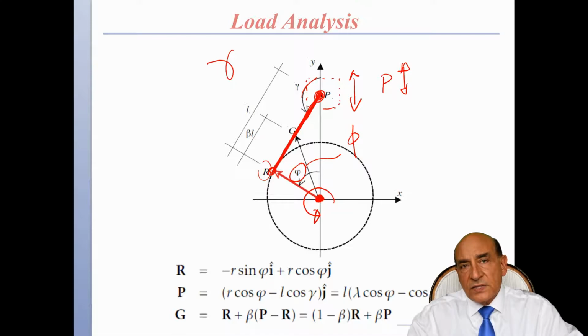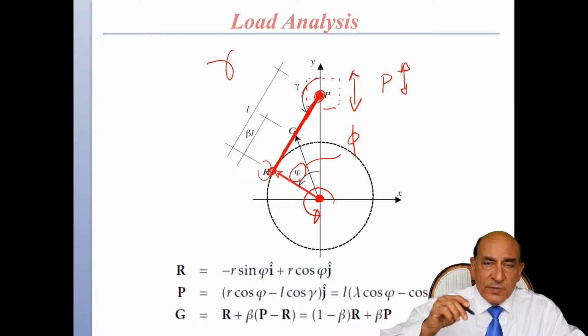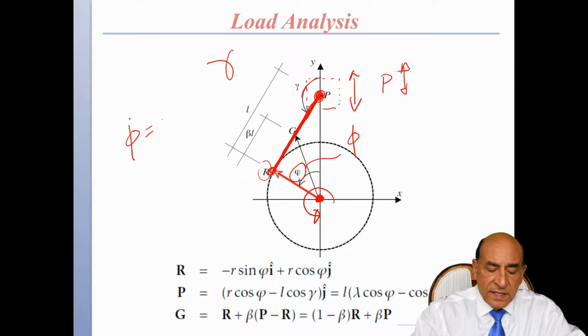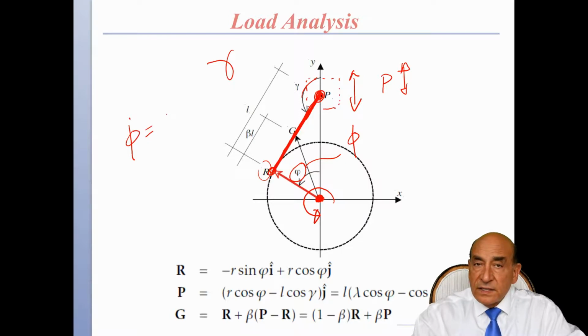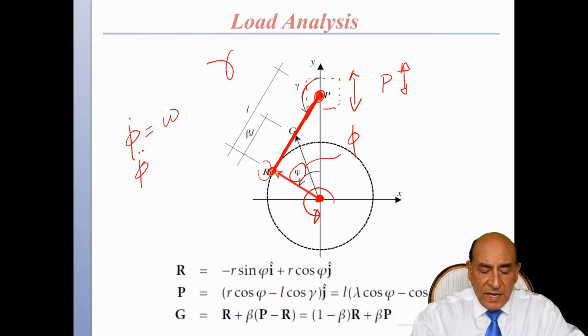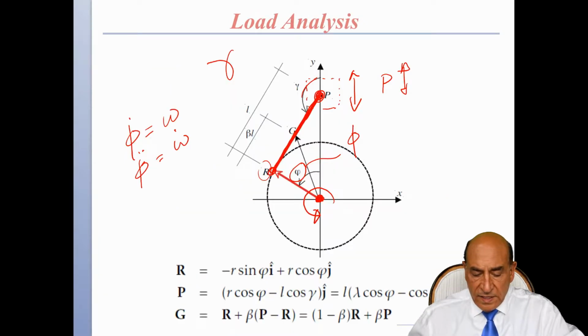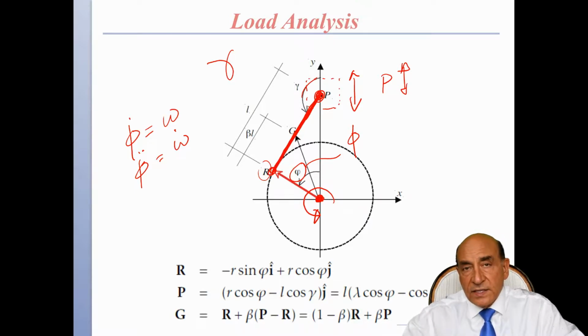It's not exactly phi, so we describe the main motion as phi, and then the linear motion is described by this angle gamma, and we note that phi dot is the angular speed, which is the RPM omega, and phi double dot is omega dot. This is the angular acceleration. So we have to just keep in mind.